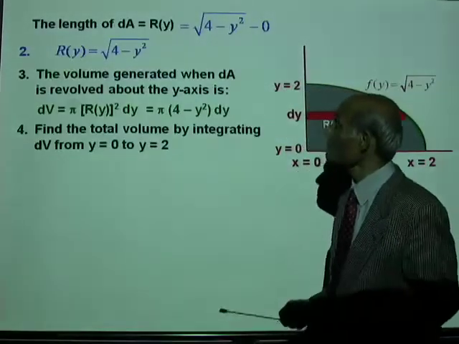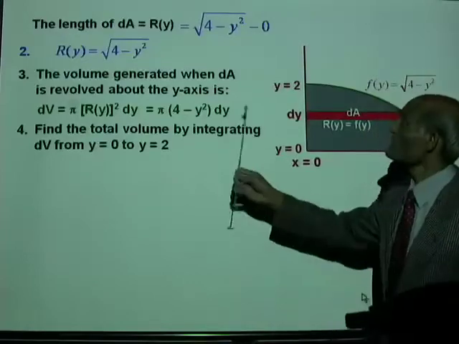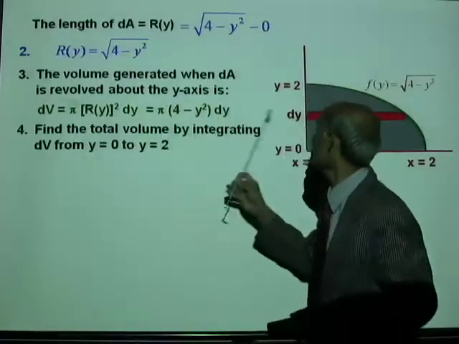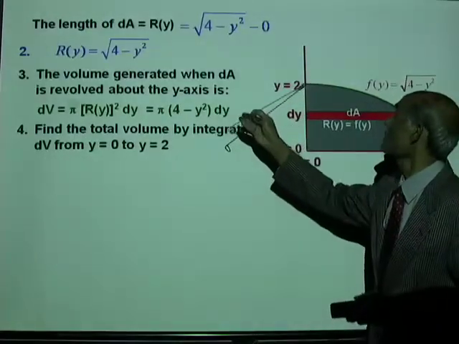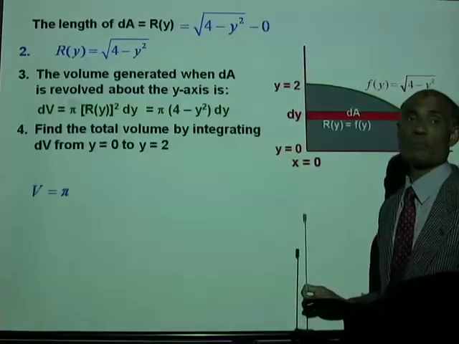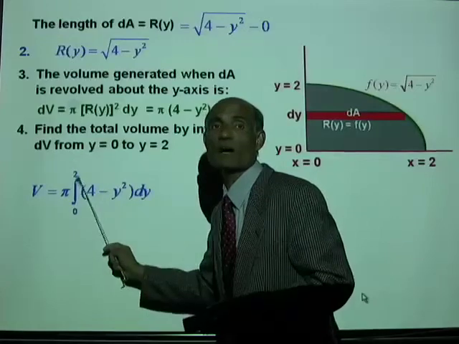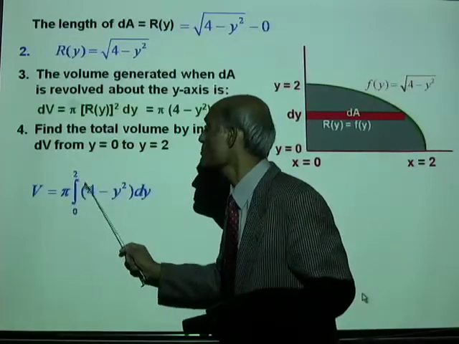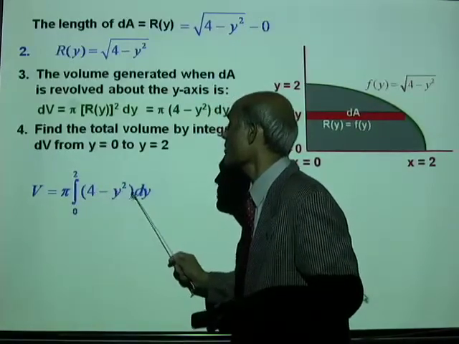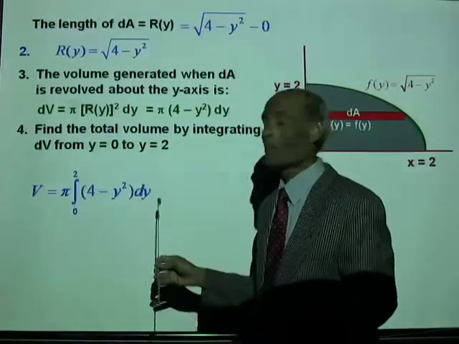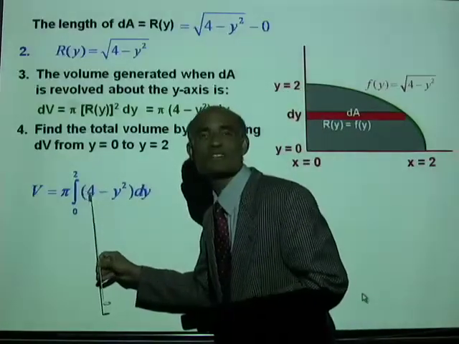And now find the total volume by integrating this dV from y equal to 0 to y equal to 2. So you get the total volume V equal to pi times integral 0 to 2 of 4 minus y squared dy. And this can be integrated easily.